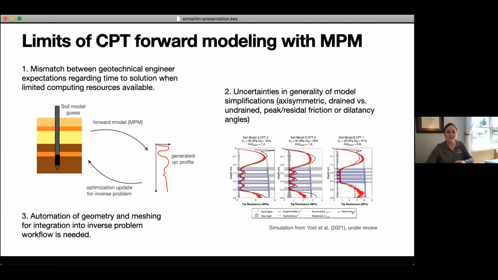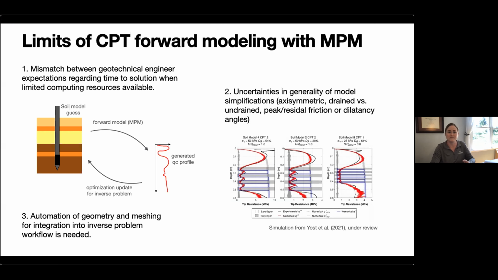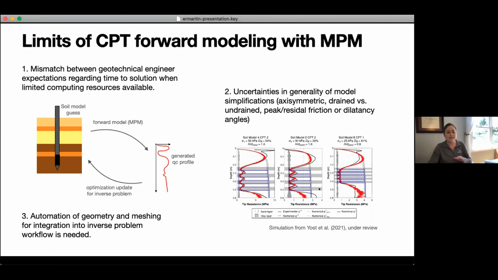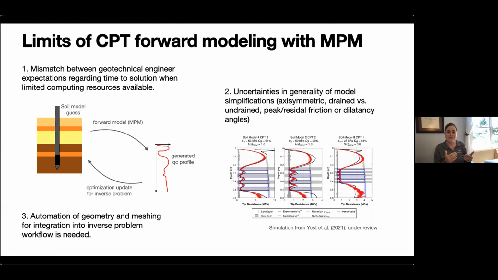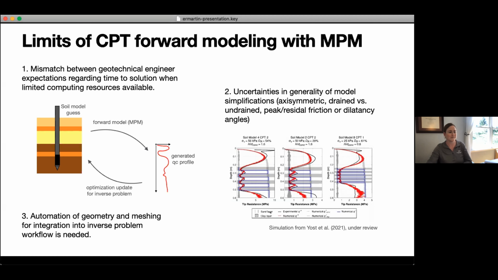Things like if it's drained or undrained, what's our friction or dilatancy angles, whether we can do axisymmetric setups in the field, that's a big open question. It's not clear even in the forward model how we do a good simulation. So is it worthwhile to do these very expensive simulations when we're still not even sure how generalizable they are across different soil profiles and conditions?